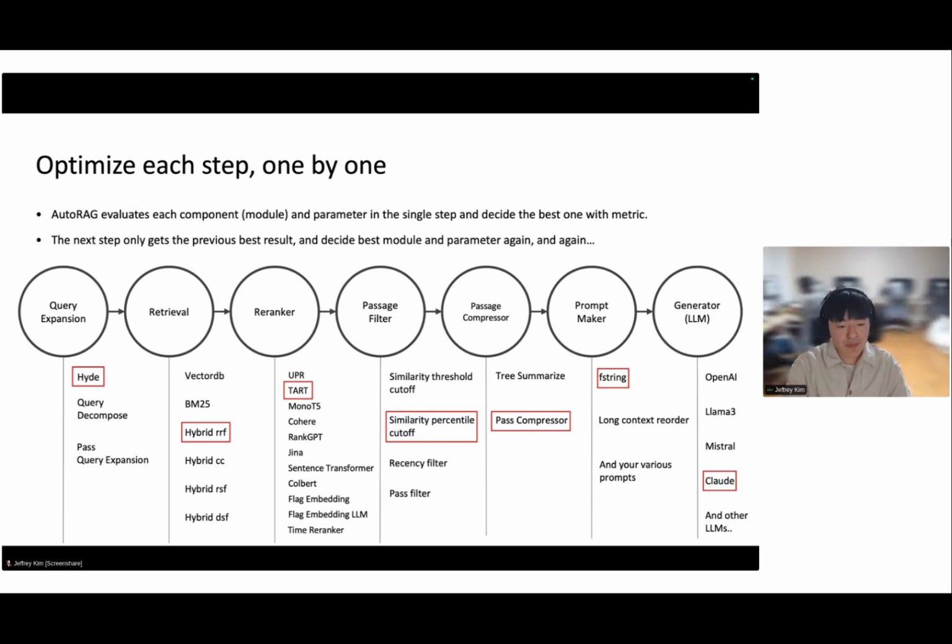But in our experience and use of AutoRAG, this strategy was quite effective because it may not be really the best combination of all combinations, but it will be almost the best. It can be maybe 90 or 95% of the best in all combinations with this strategy.